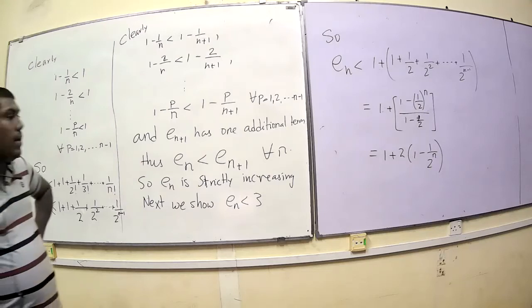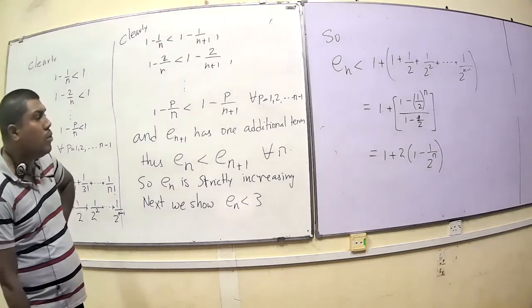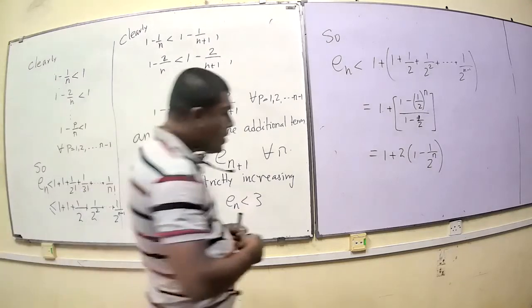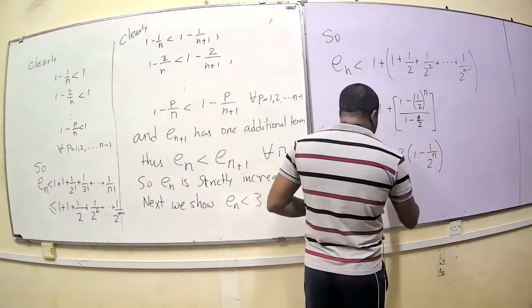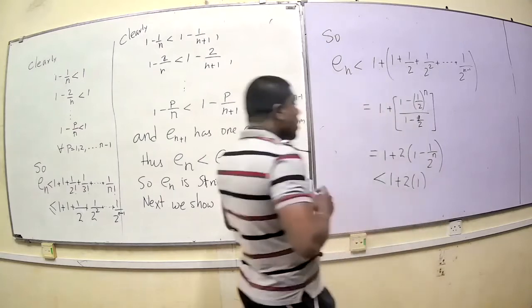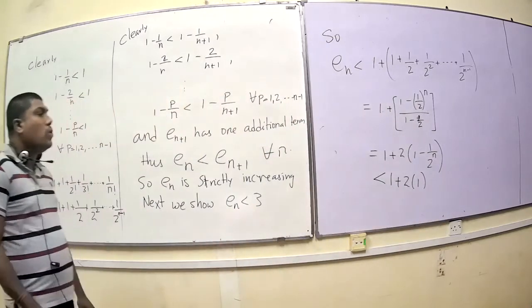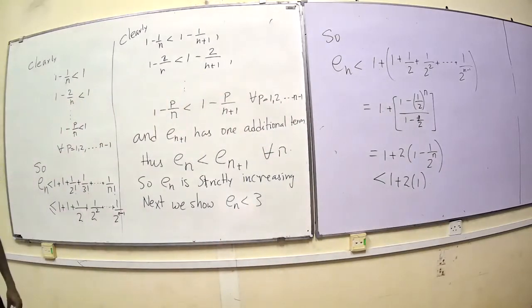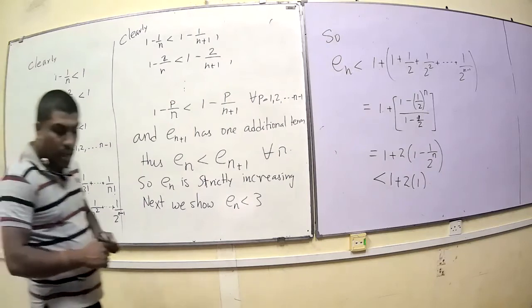And that number is less than 1 plus 2 times 1. Right, so this is clear. This is less than 1 plus 2 times 1 because 1 minus 1 over 2 to the power n is strictly less than 1 for all n. So that is 1 plus 2 times 1. So that is 3.